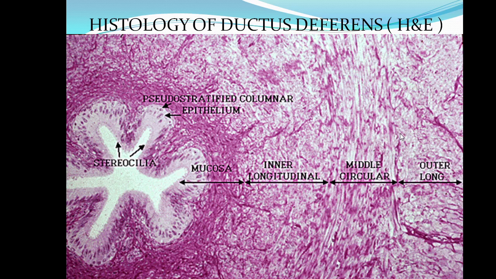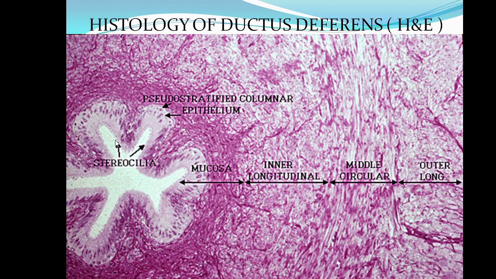Here you can see the H and E stain section of the vas deferens. This is the lumen of the vas deferens, and you can appreciate it is a thick walled muscular tube with a small lumen.